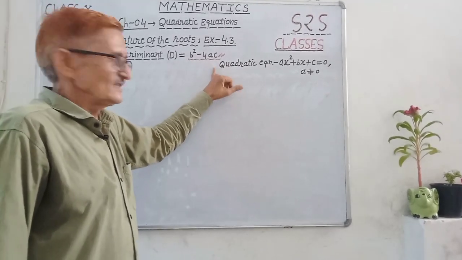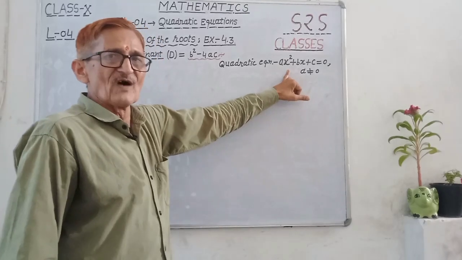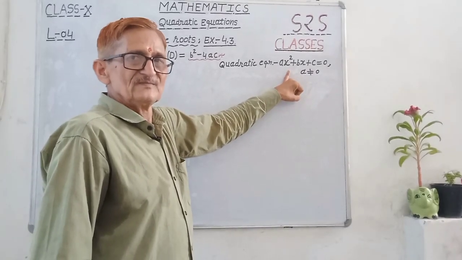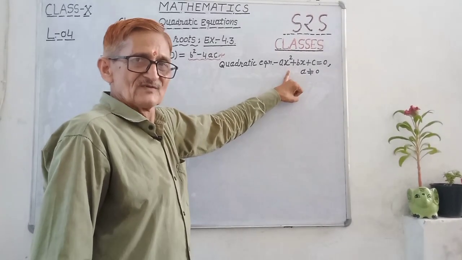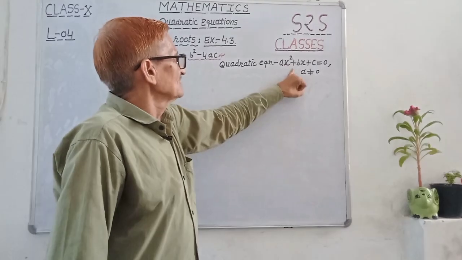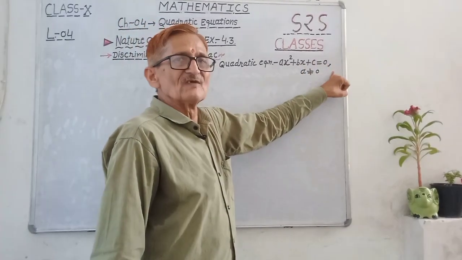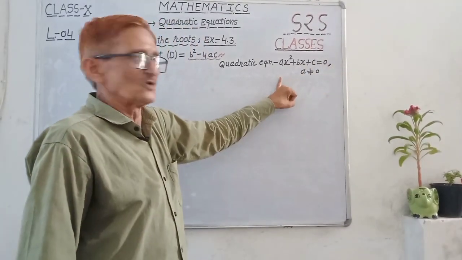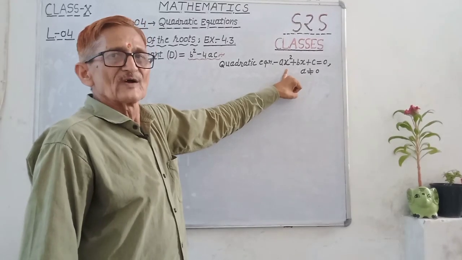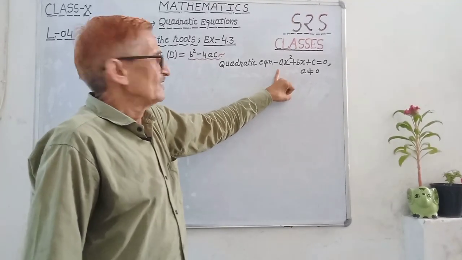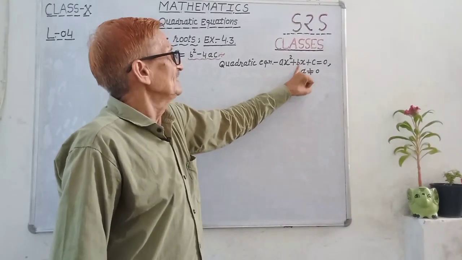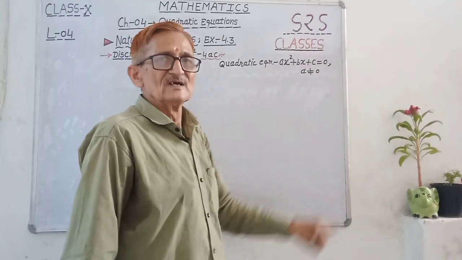What are a, b, c? In a quadratic equation ax square plus bx plus c equal 0, this is the standard form of the quadratic equation. Coefficient of x square is a, coefficient of x is b, and constant term is c.